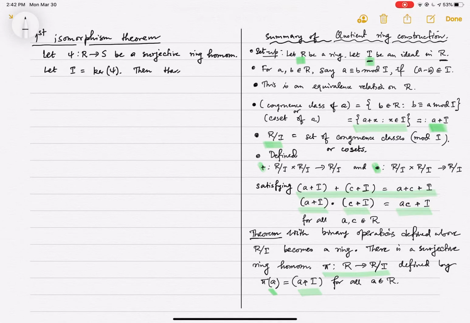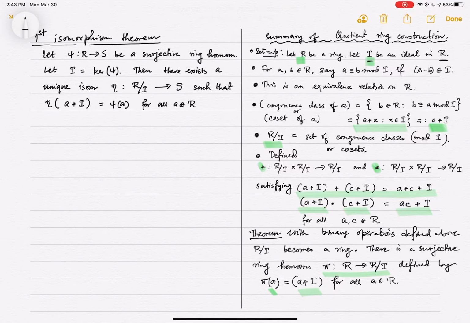There exists a unique isomorphism, meaning ring isomorphism, call it eta, from the quotient ring R mod I to S, such that eta of the coset of a is equal to psi of a, and this holds for all a in R.